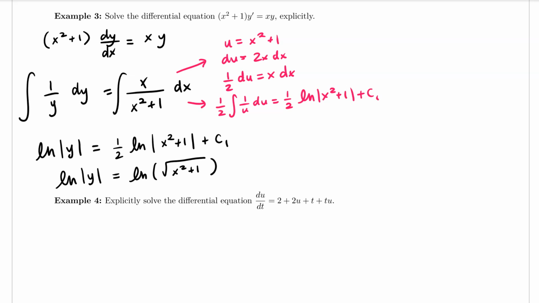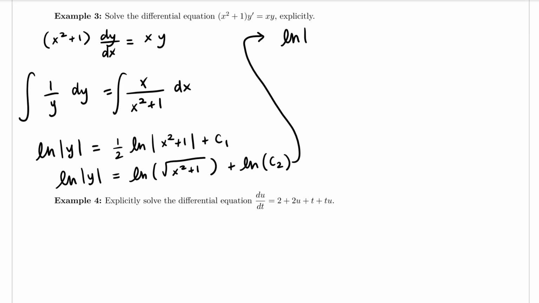I can bring the power inside, and x squared plus 1 to the 1/2 power is the same thing as the square root of x squared plus 1. And then, similar to last time, I'm going to take the natural log of c1 so that I can combine those, but actually that would be a different constant, so let's just call it the natural log of c2.